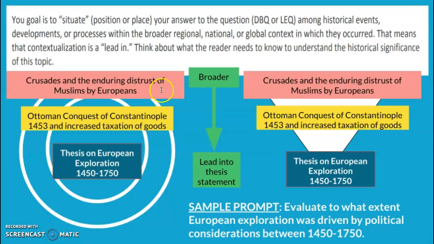Together, this idea of Europeans not liking Muslims, plus the Muslims taxing the Europeans extra money for goods, would lead into your thesis on European exploration, in which you would tell us the reasons why they were exploring. Maybe the causes, maybe the effects, and so on and so forth. So again, big picture, narrowing down a little bit, and then straight into the thesis statement.